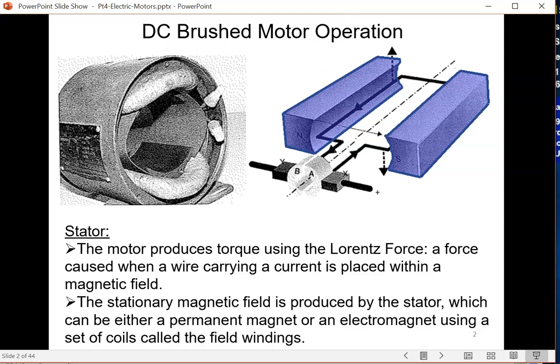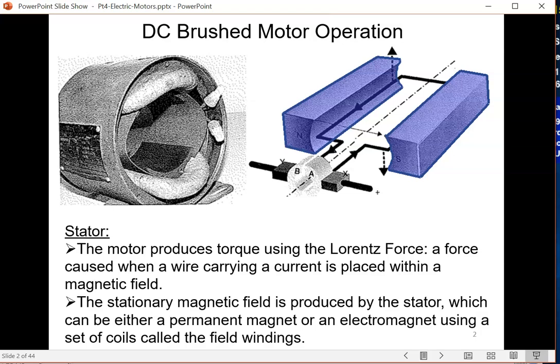One pair is enough to illustrate the principle of the operation. The pair of magnets can be made of permanent magnets, or they can be made of coils with what we call field windings to produce a magnetic field.